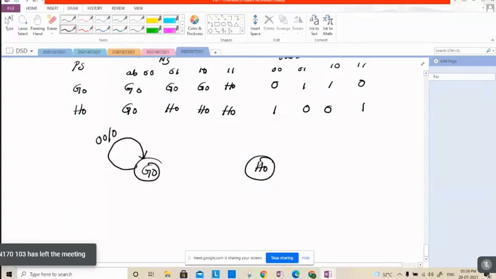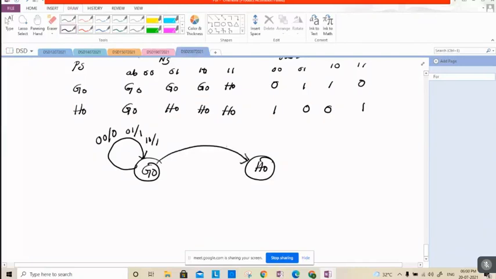This is 0 0 by 0, 0 1 by 1, 1 0 by 1. This is 1 1 by 0. And what about this? H0 to G0, 0 0 by 1. This is 0 1 by 0, 1 0 by 0, 1 1 by 1.